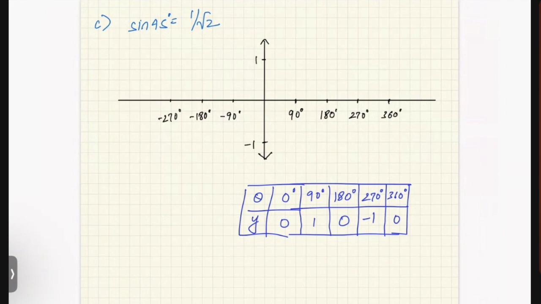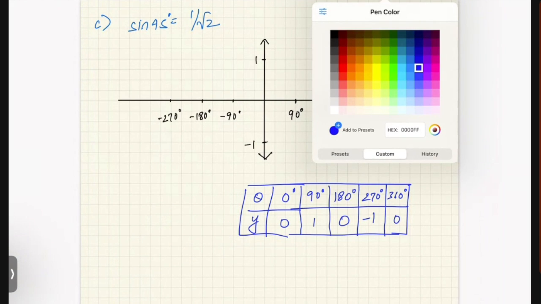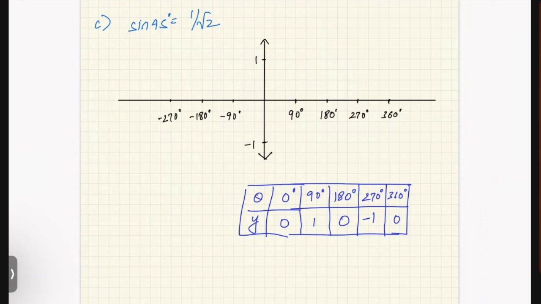Let's use this. So 0 comma 0 will be here. At 90 it's 1, at 180 it's 0, at 270 it's minus 1, at 360 it's 0. They are asking about 1 by root 3.